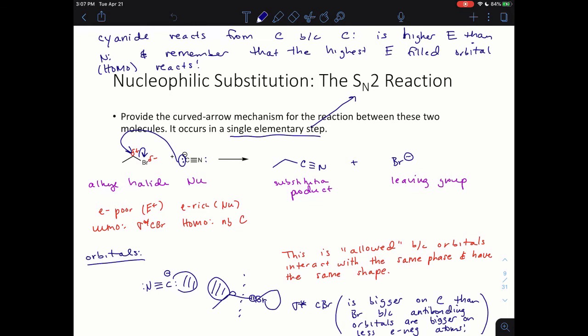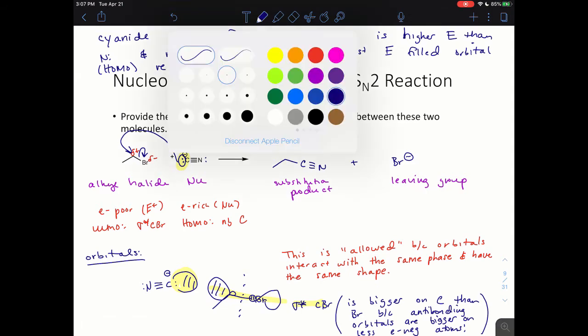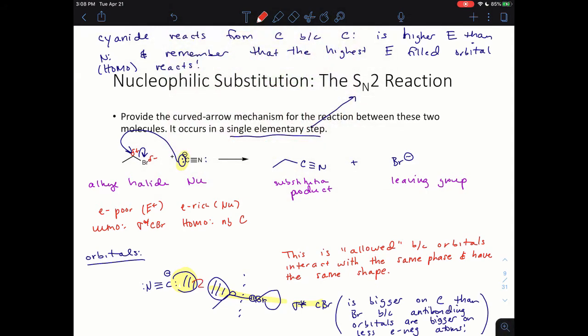We can think about the orbital interactions for this reaction. So again, we have this pair of electrons in the non-bonding orbital on carbon attacking sigma star C-Br from the carbon side. And we can think about this two ways. We can think about this because we know that an anti-bonding orbital is bigger on a less electronegative atom and carbon's less electronegative.